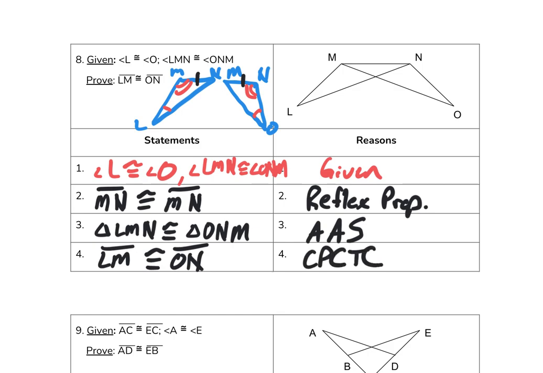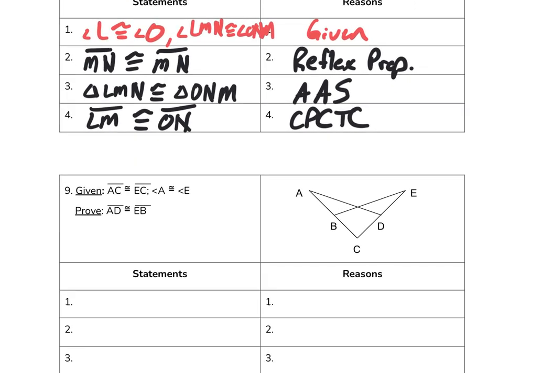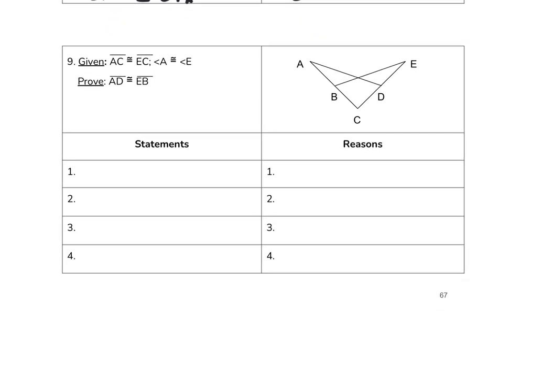Anytime you're proving a side or an angle congruent, you're probably going to use CPCTC. If I'm trying to prove two triangles congruent, like this, we're going to use angle, side, angle, side, HL theorem, one of those five ways to do it. And that's what we've done on all the proofs leading up to today. Today we're adding that one step at the end. That's the only difference. Okay, let's try this one here.